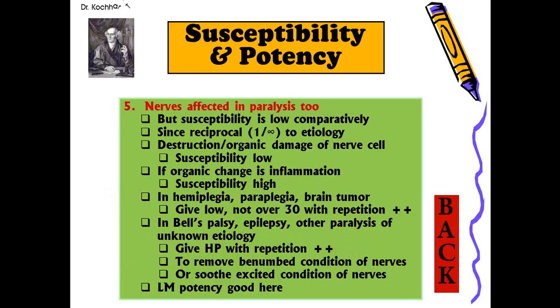Nerves have been benumbed, they have been rendered in a disadvantageous condition, or to soothe the excited condition of nerves. It can be either excited or it can be benumbed. In both, repetition is required, and in fact 50 millesimal potency is good here.